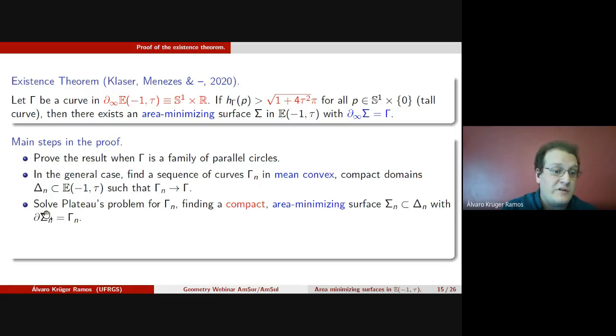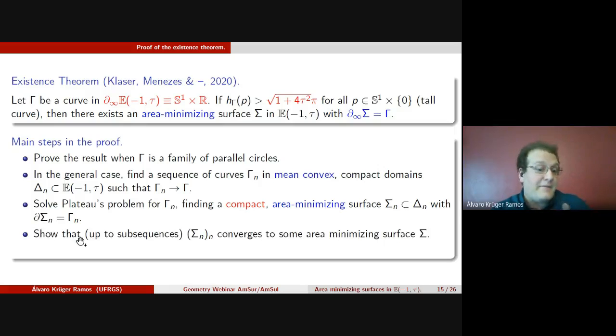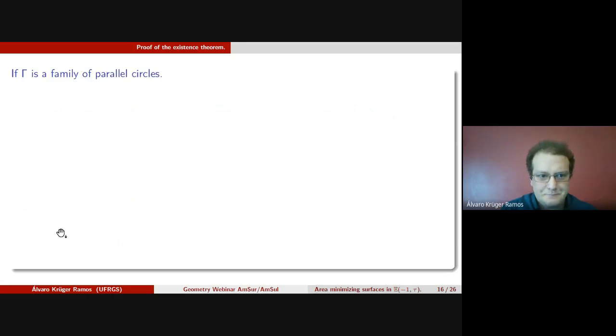And here is real boundary, because everything here is compact. After that, you have to show that this sequence you found converges to an area minimizing surface of E-1 tau, and then you show that the asymptotic boundary of this surface is what you wanted. So these are the main steps. It is the traditional steps when you prove theorems like that.